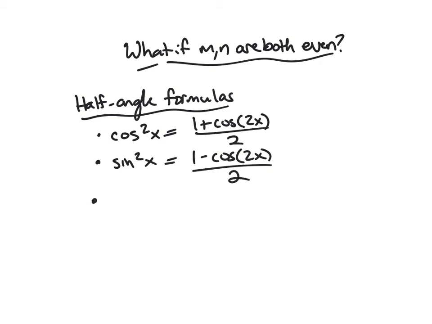And then this last one is a double angle formula for sine. And so this is that sine x times cosine x is equal to 1/2 times the sine of 2x. So these three formulas will be useful. So let's just take an example and see how it goes.